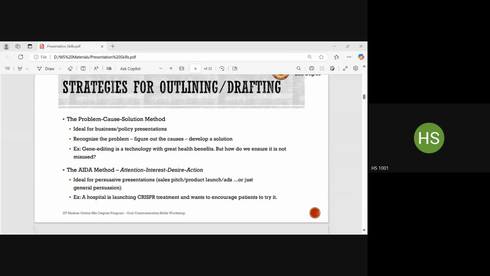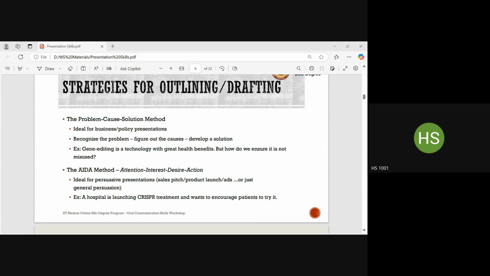First you get their attention, then you capture their interest, then you spur some kind of desire in them, and then you prompt them to act on it. Come on, spend some money. Whatever you desire will be yours if you just spend some money. That is what we do through advertisements, through the AIDA method, whenever you want to make a persuasive presentation.